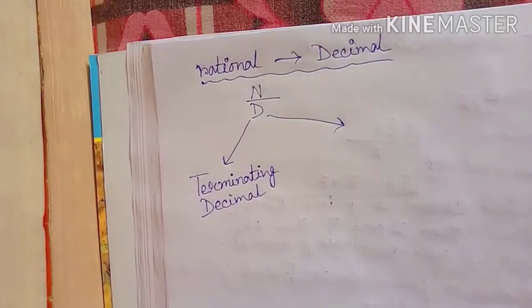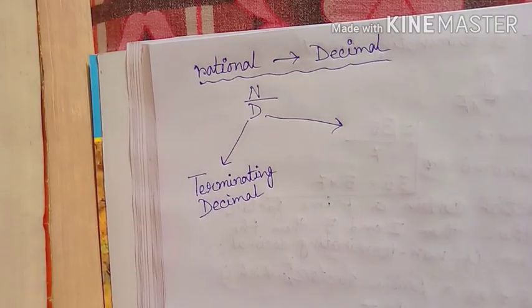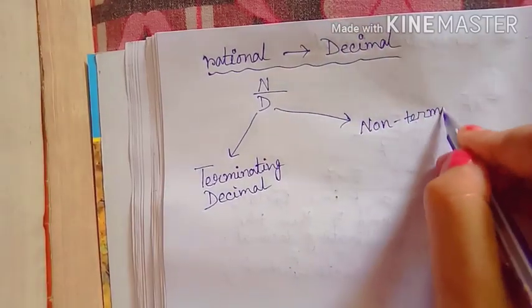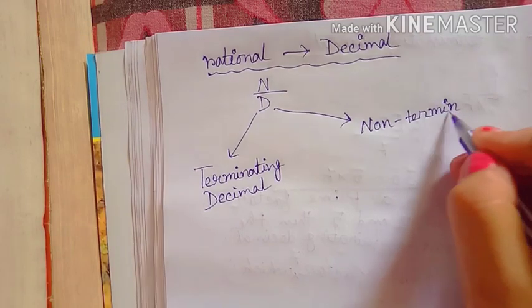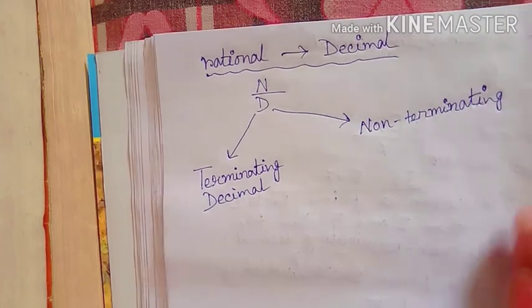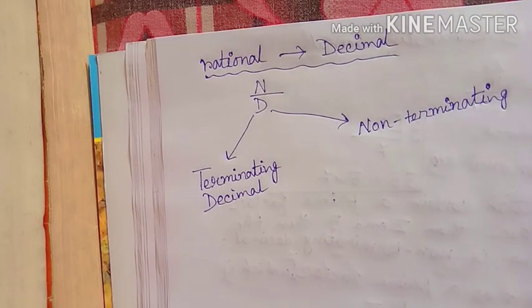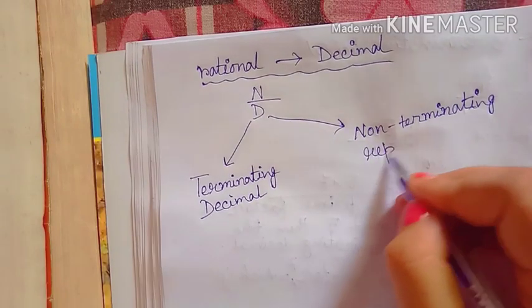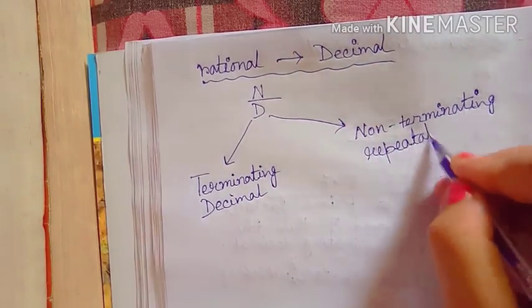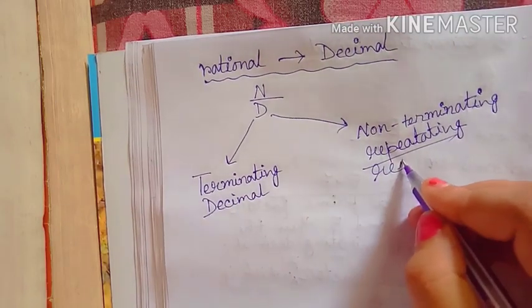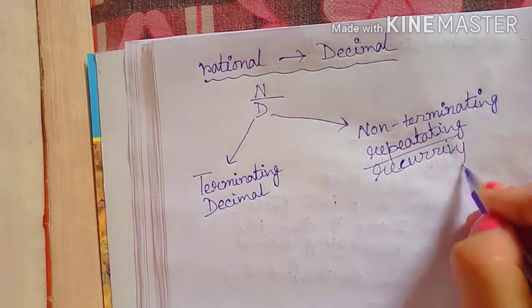But if after a finite number of digits the process continues endlessly, then it is non-terminating. And when a rational number is non-terminating, one digit or a block of digits is repeated, so we call it a non-terminating repeating decimal, or non-terminating recurring decimal.